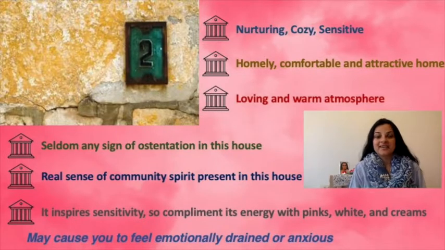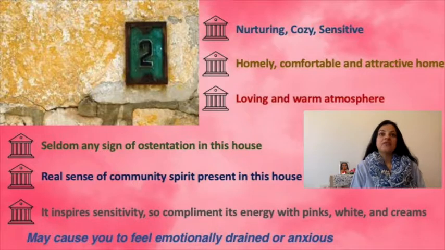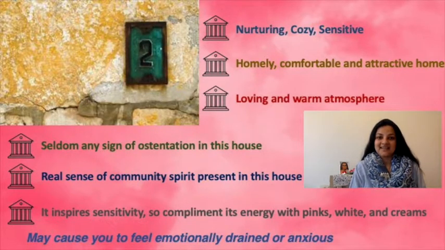House number 2 exudes the energy of nurturing, of coziness, of sensitivity. This house is sure to be a homely, comfortable and attractive home with nice, unpretentious people who are willing to share their hospitality with others. This house is often decorated with comfortable, cozy and tasteful furnishings and has a loving and warm environment.